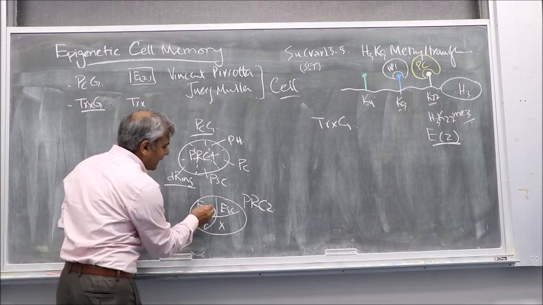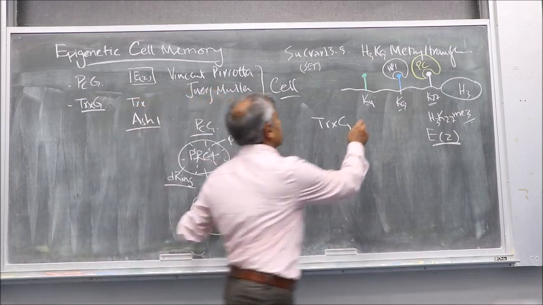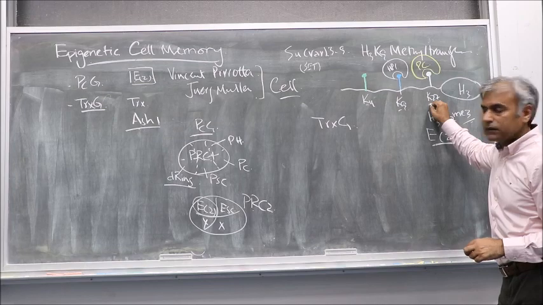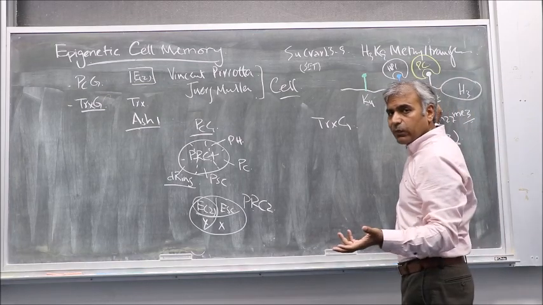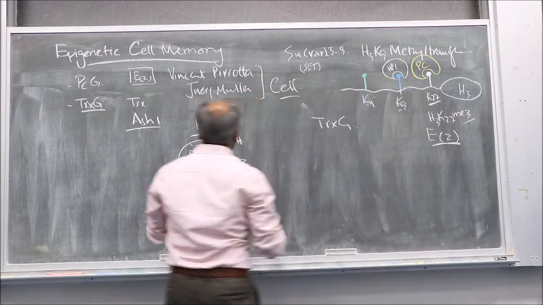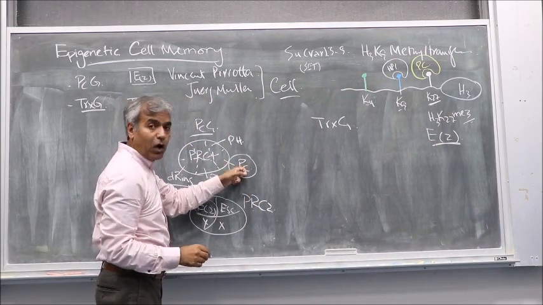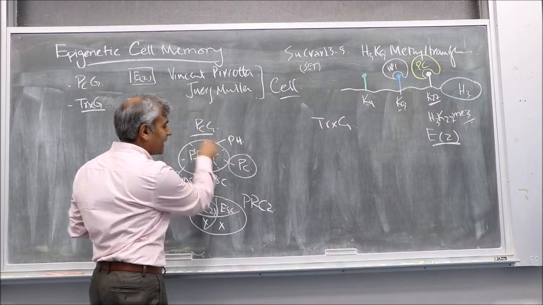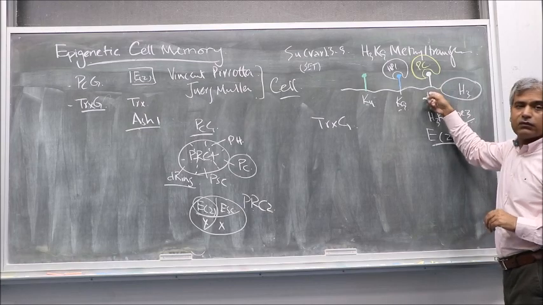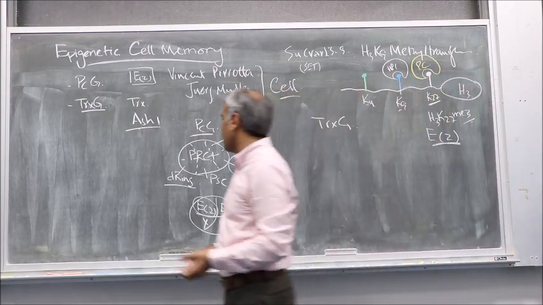Now, the model is that EZ catalyzes lysine 27 trimethylation on genes which are to be maintained in the off state by Polycomb. And the chromodomain containing Polycomb complex, the PRC1, then recognizes the trimethylation of K27 and maintains genes in the off state.